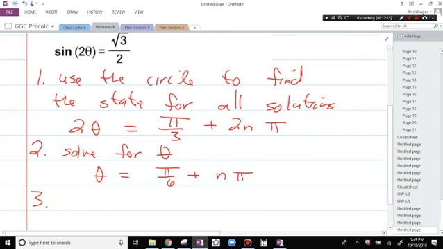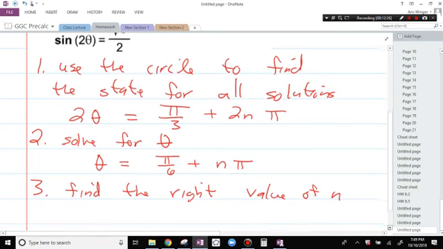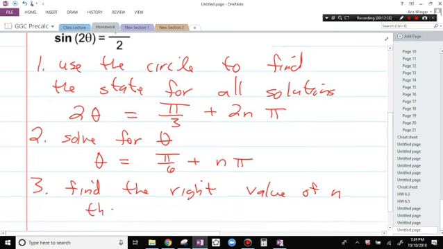And then find the right values of n that keep theta between 0 and 2 pi.